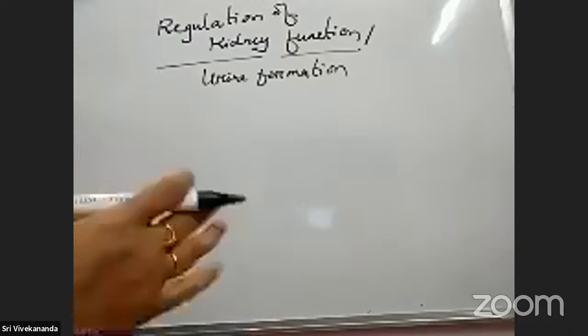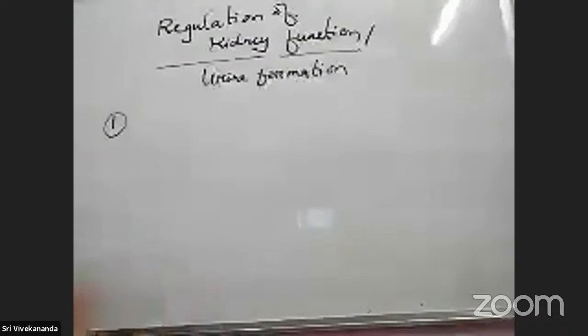So let us first go to the various factors which control and regulate the kidney functions. In that, we have different hormone systems, we have the proteins involved, and we have the brain involved. All things will be there.